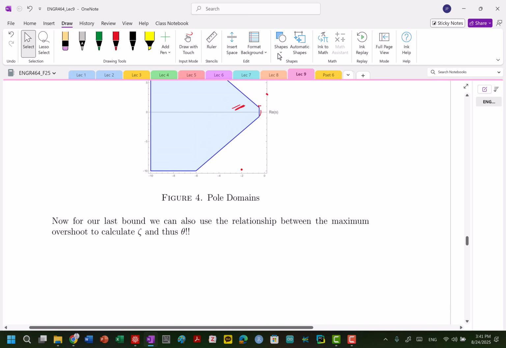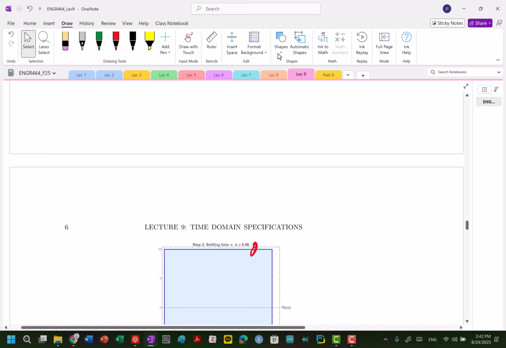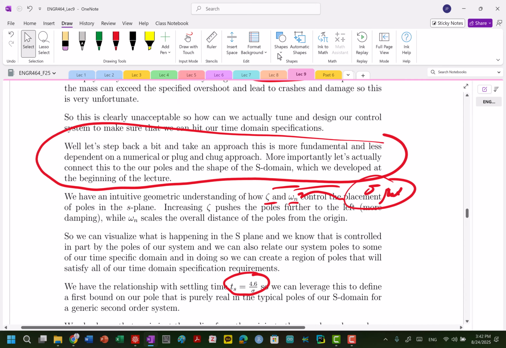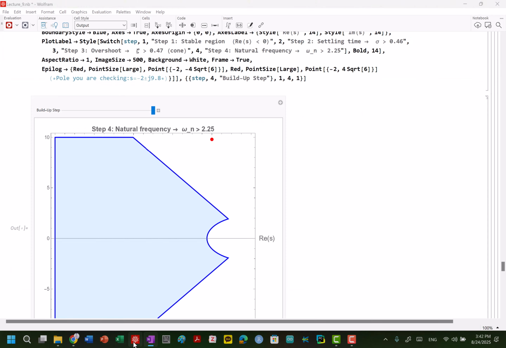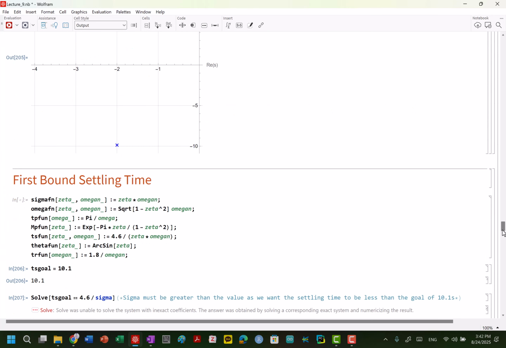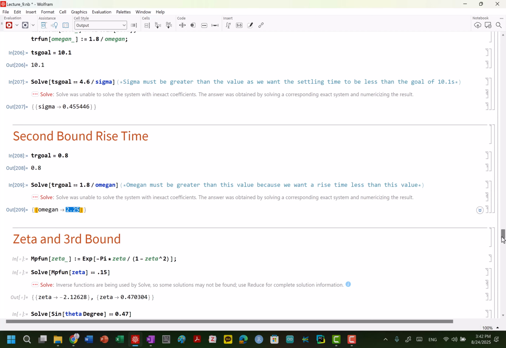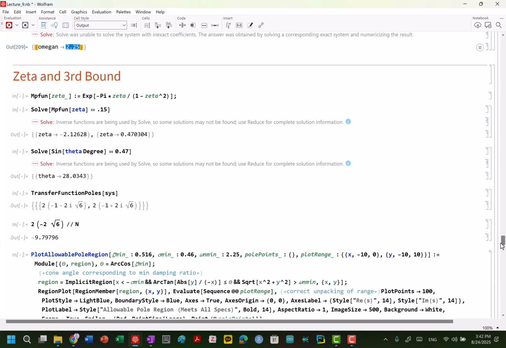Great. Now the last thing that we need. Let's go to our last one. We found our radius goal, but what about zeta in our third bound?